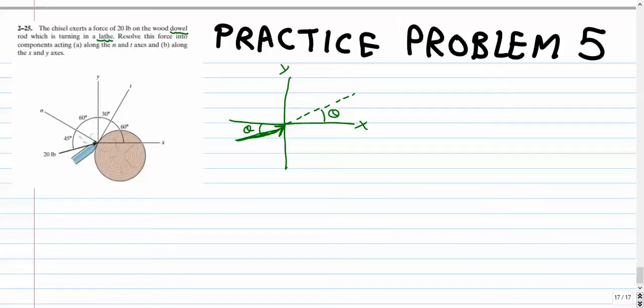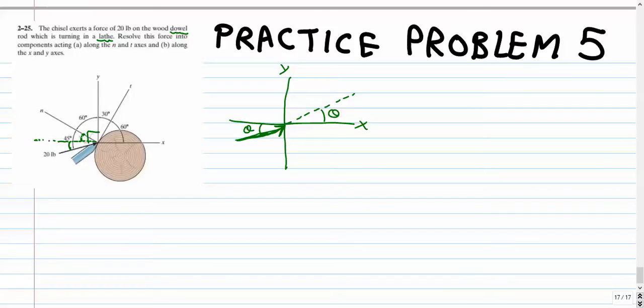So here we can see that this is the x-axis, and the force makes this angle with the x-axis. Now we know that this angle between the x and the y-axis should be 90 degrees. And if this angle should be 90 degrees, that means that this smaller angle here should be 30 degrees, because 30 plus 60 should make 90.